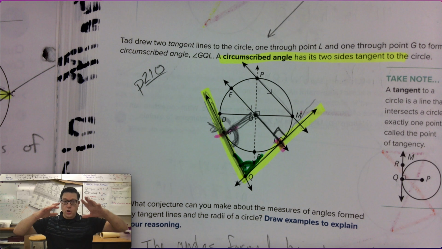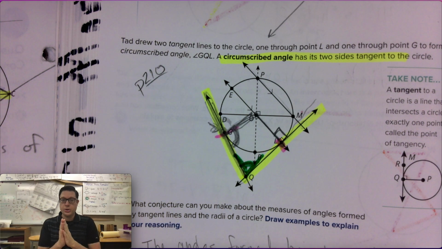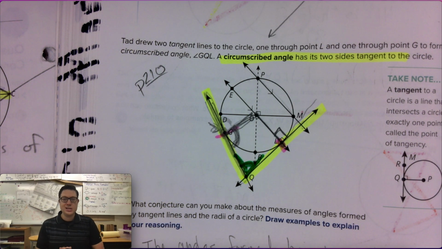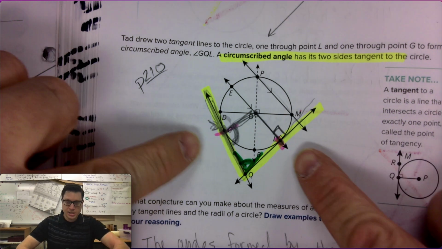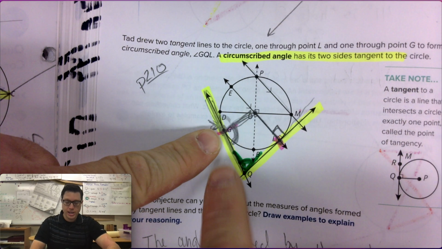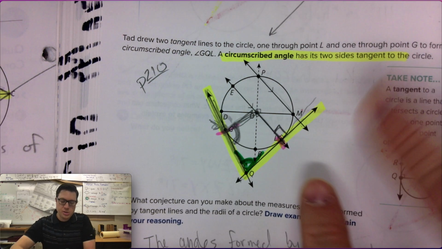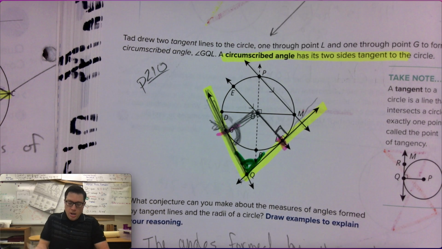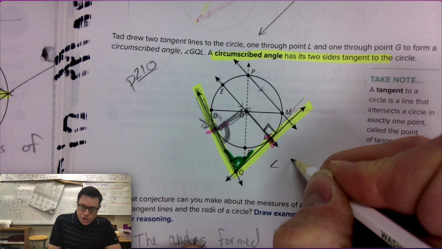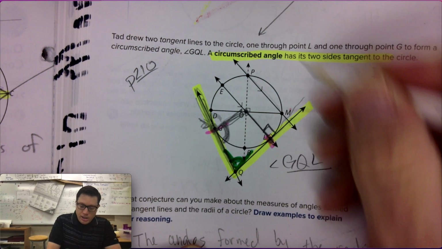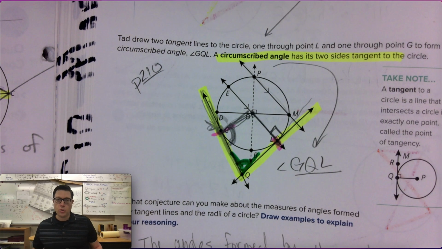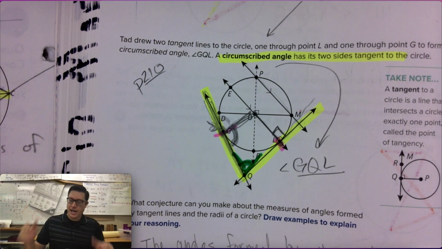It's the angle that's actually outside the circle, made by 2 lines that just barely touch the circle. There's a point of tangency on page 210 at point G, and at point L. But angle GQL is the circumscribed angle because it goes around the outside edge.